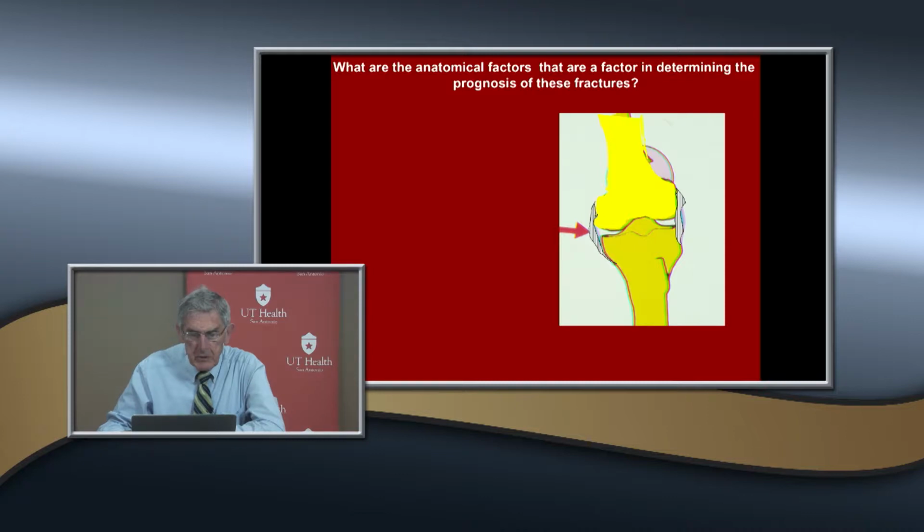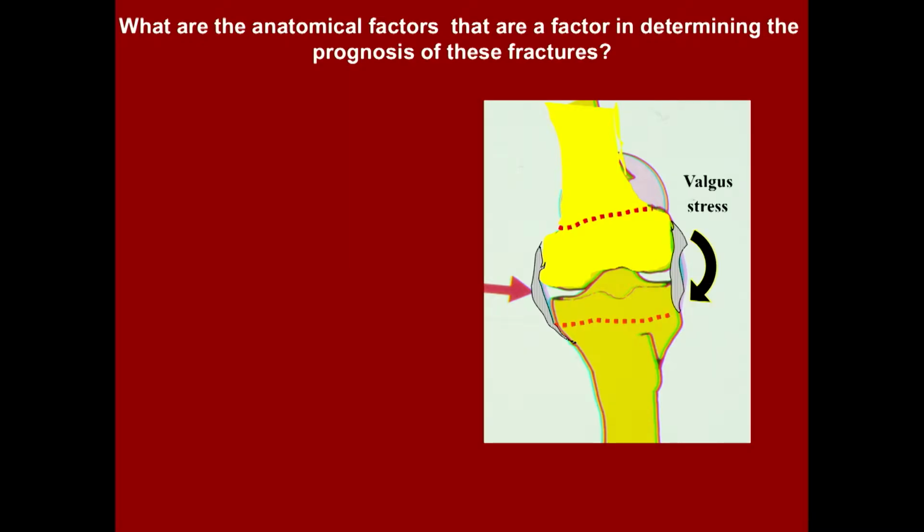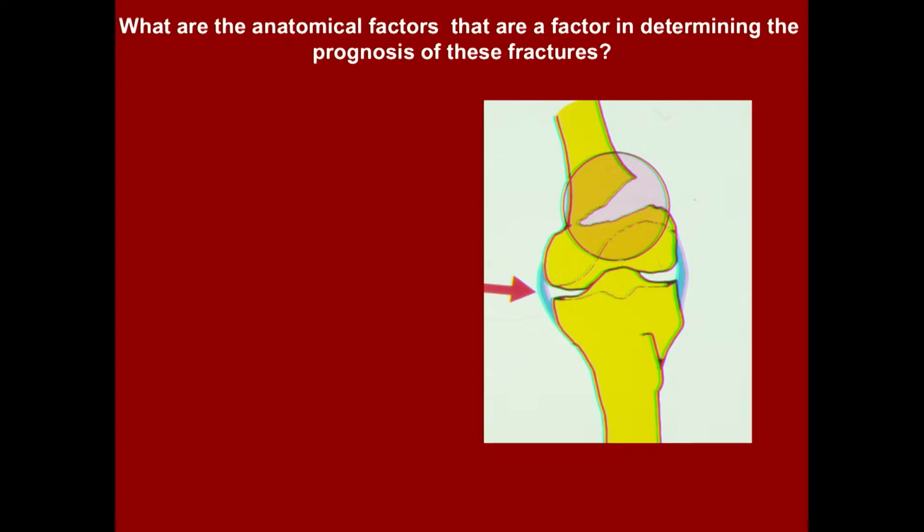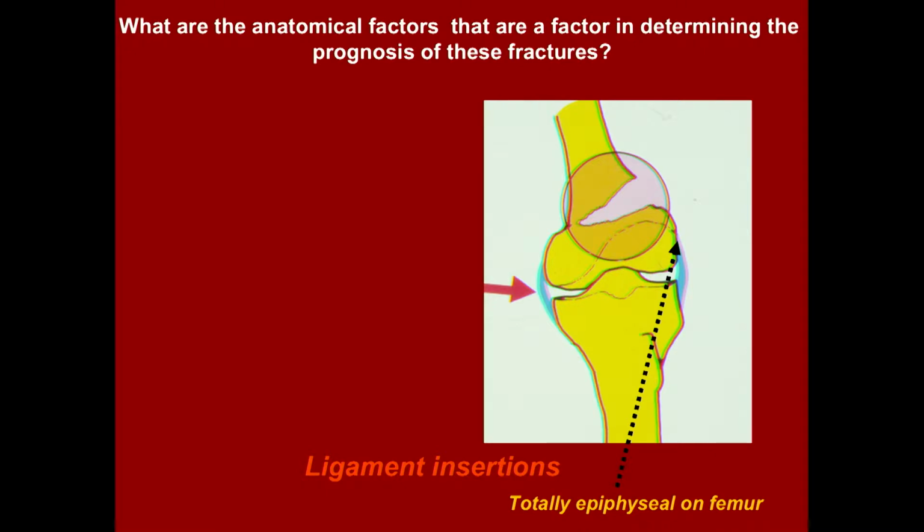So, what are some of the anatomical factors that determine the prognosis on these fractures? As you can see here, if you have a valgus stress, it opens up at the physis, and you have the ligament insertions, and that's totally epiphyseal. Where is it on the tibia?